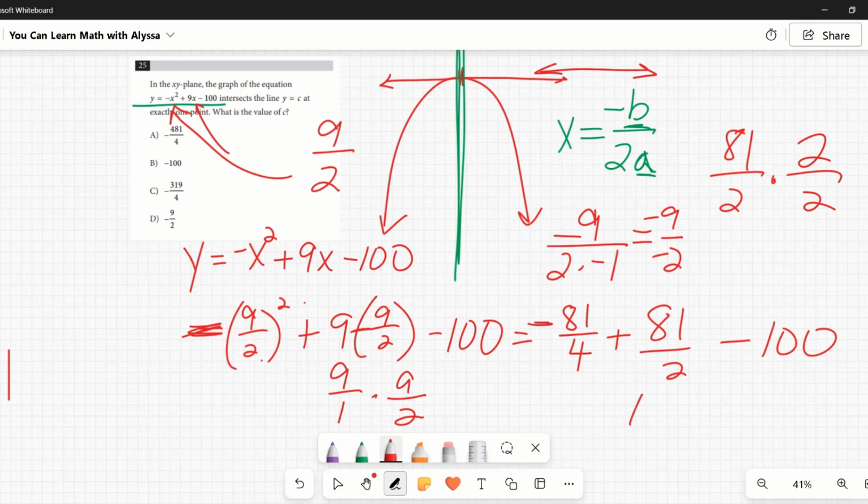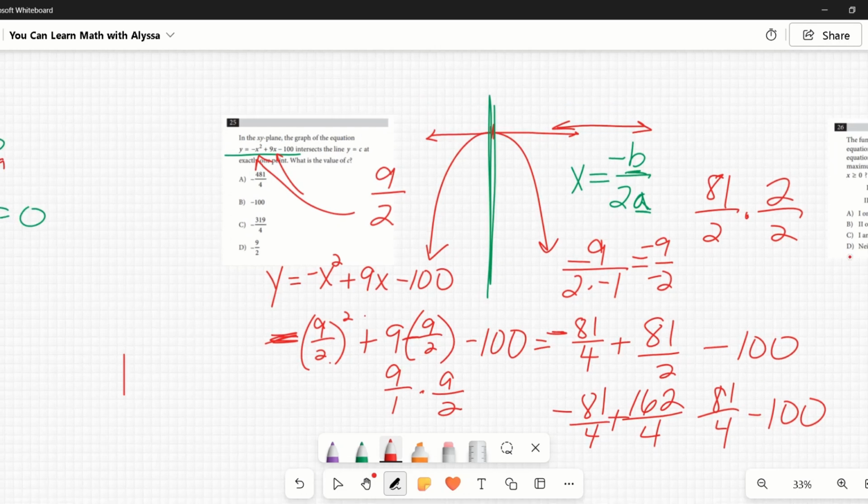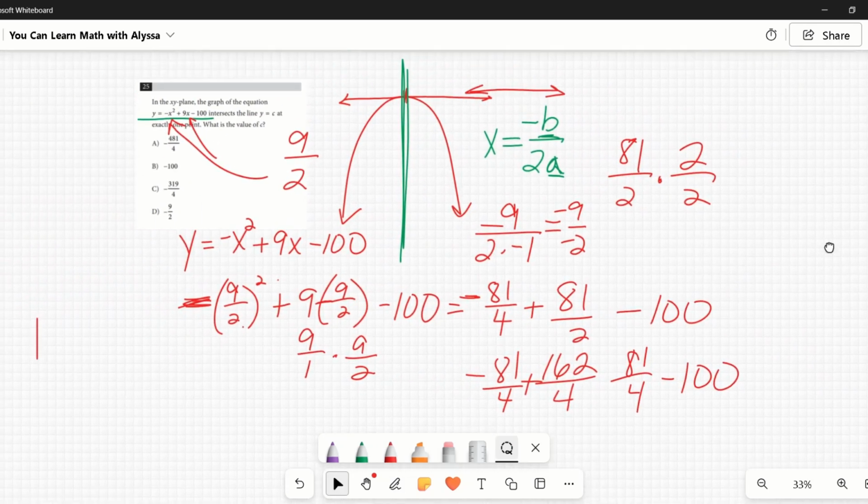81 times 2 is 162. 162 fourths. So negative 81 fourths plus 162 fourths is 81 fourths. And then we're subtracting 100. And I realize I am running out of room and I'm showing my next problem. Let's scoot that over. There we go.